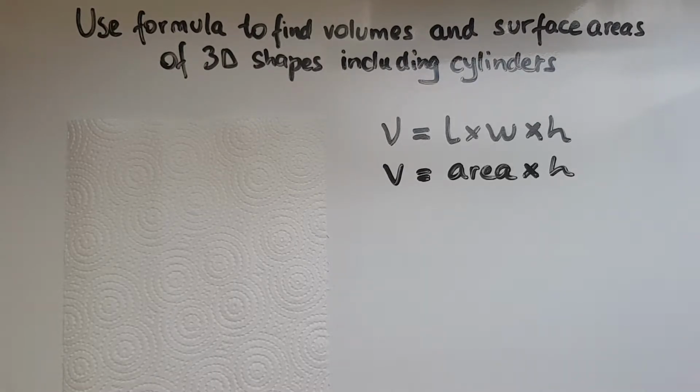Another perspective which is going to be very helpful when it comes to other shapes as well, because the same thing applies to cuboids, the same thing applies to cylinders, prisms.